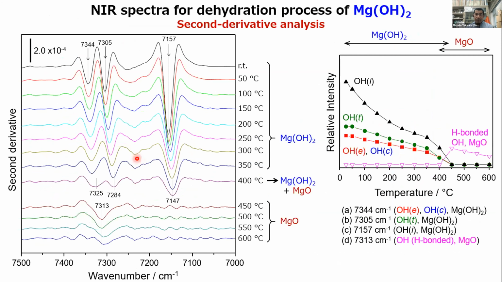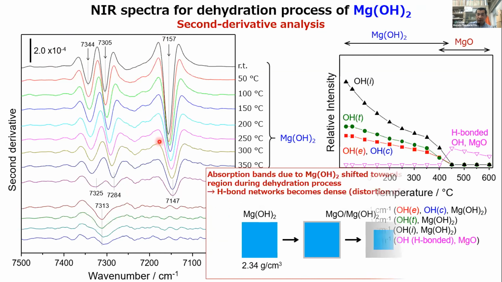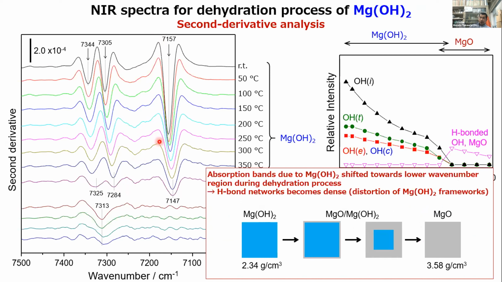For further discussion, I will show the second derivative spectra. As you can see here, as the temperature increased, each component due to the magnesium hydroxide gradually shifted to lower wave number regions. This behavior means the distortion of magnesium hydroxide frameworks. It means that the hydrogen bond network becomes dense.